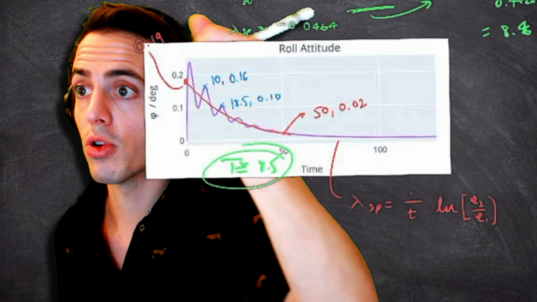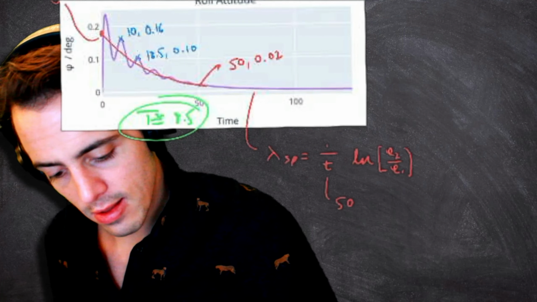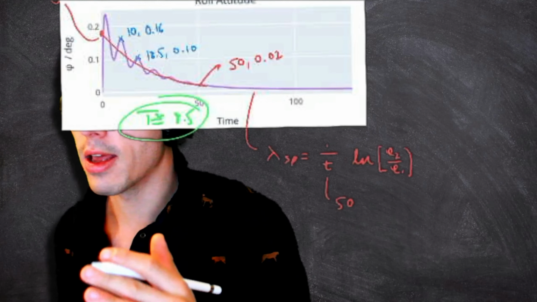I've just drawn on here and estimated it. So t here is just 50 seconds, the final value minus the first value.